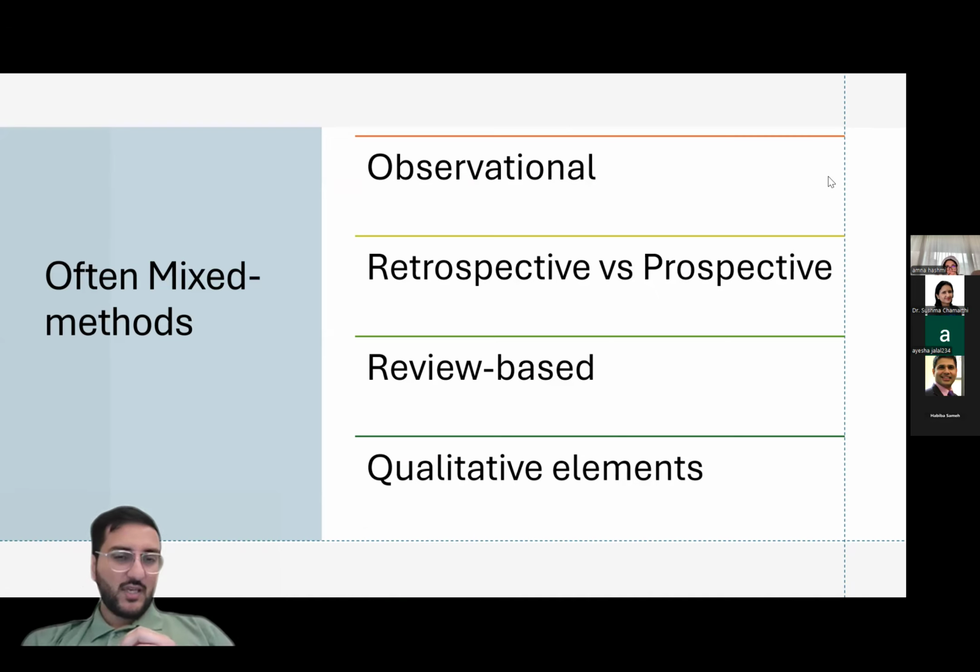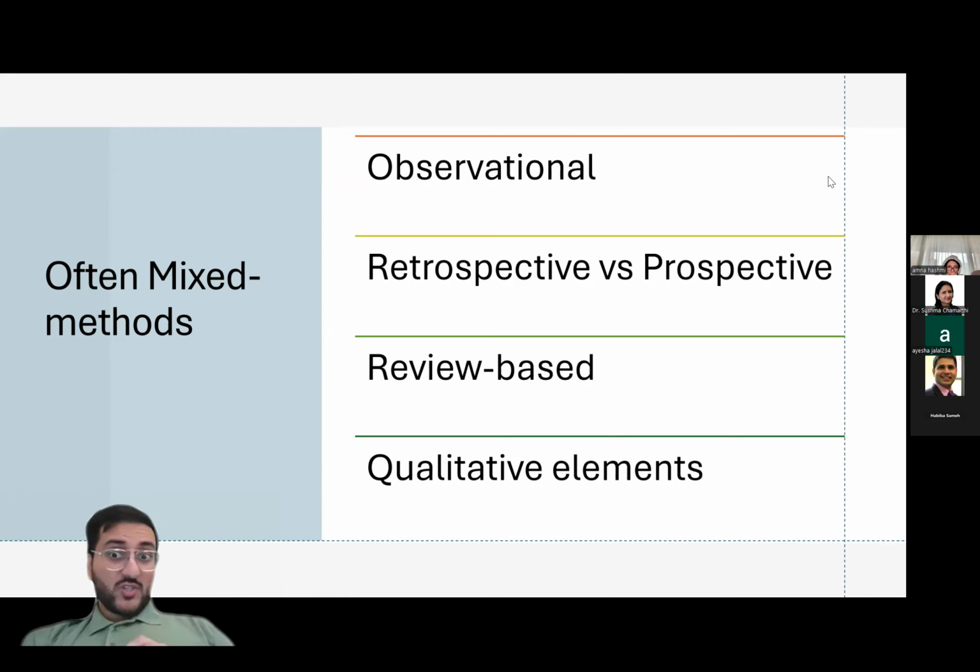So most of the time it's quite observational, it's quite cross-sectional, so it's in that moment, in that time. You may not get the chance to add an intervention to your social media design. You're often observing the population data rather than changing it. It could be retrospective, so it's going back in time and looking at data, and a lot of the more straightforward research that you can do on social media is retrospective.